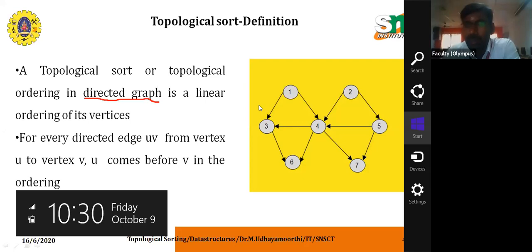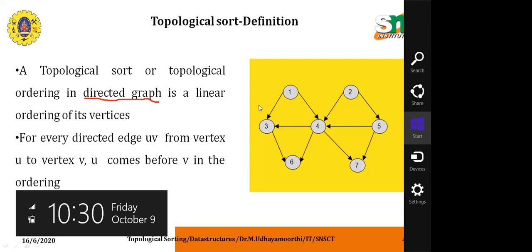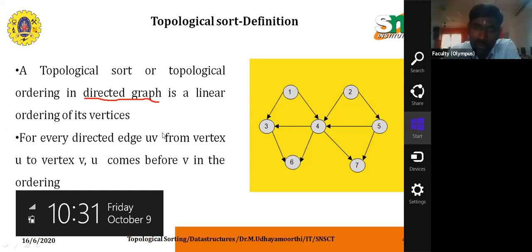So what is the out degree of 4? Yes, it is 3. Likewise, you calculate the in degree and out degree of the nodes of a particular graph.